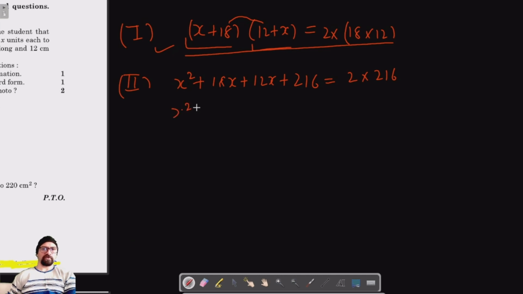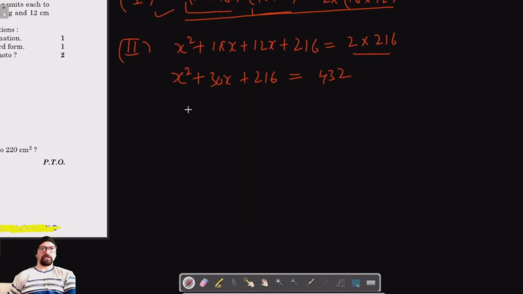So this gives us x squared plus 30x plus 216 is equal to 432.